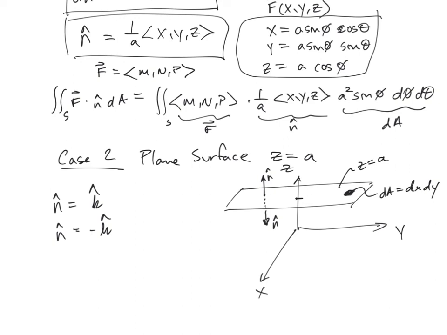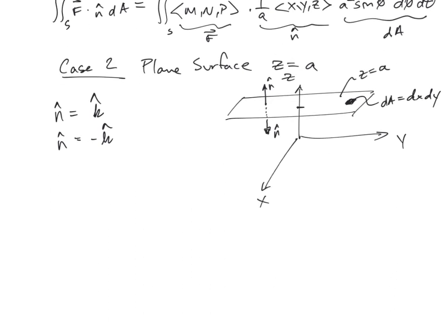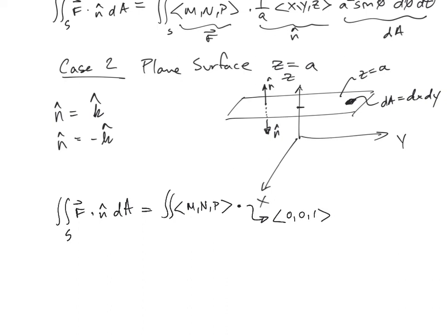So obviously now, our surface integral over S of F dot n hat dA is going to be equal to F, which is, again, given something like that, dot n hat, which would be, let's say I'm going to choose k hat. Positive k hat, up. And dA is dx dy.